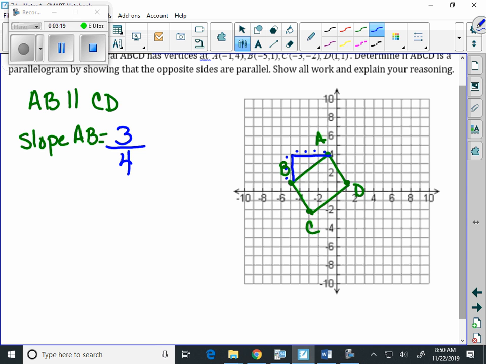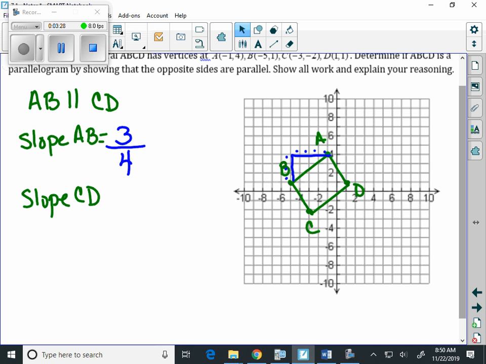But we want to compare that to the slope of CD. So again, we're going to draw our triangle. And we've got 1, 2, 3 down. And we've got 1, 2, 3, 4 to the left.